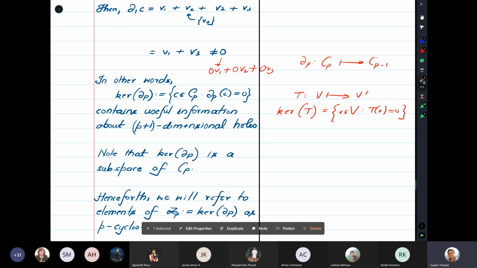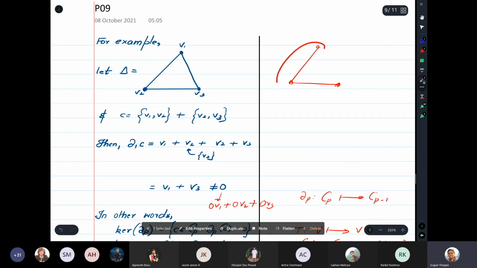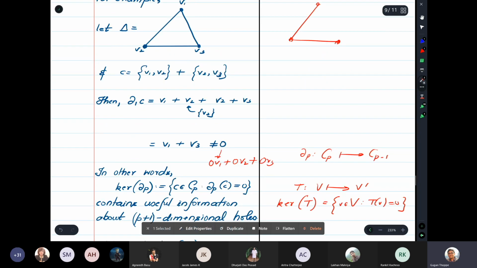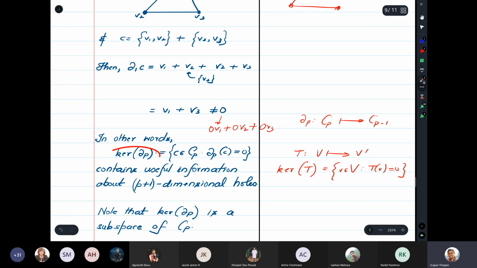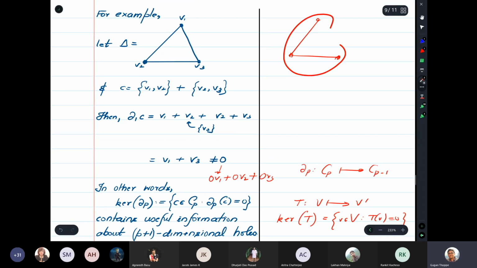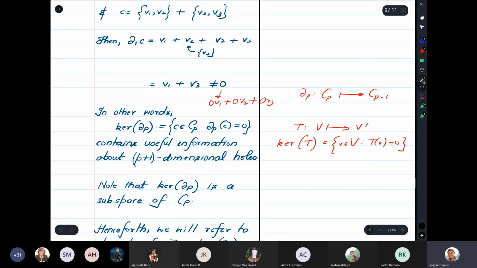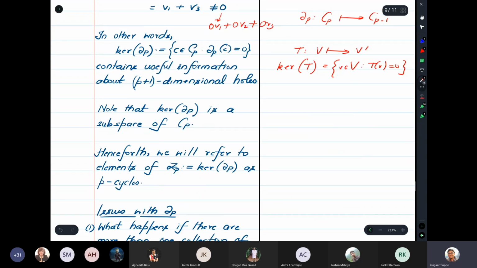Of course, we did not verify if this happens for every possible P chain, but at a level of intuition, this kernel of DABA-P is serving our purpose in the sense that it takes these interesting P chains to 0, whereas the P chains which are not interesting to us, meaning they are not enclosing a hole, are not taken to 0, right? So in that sense this kernel is very useful for us.